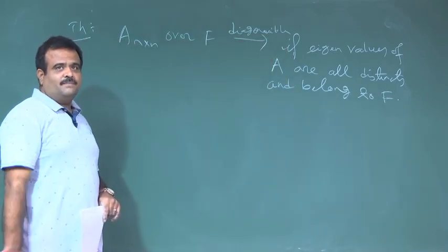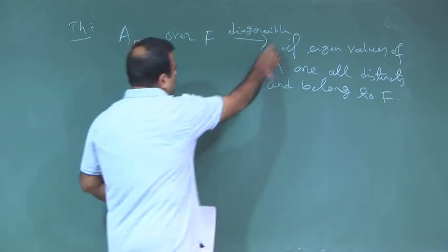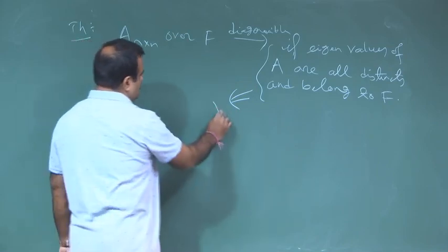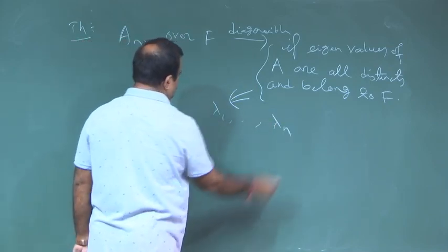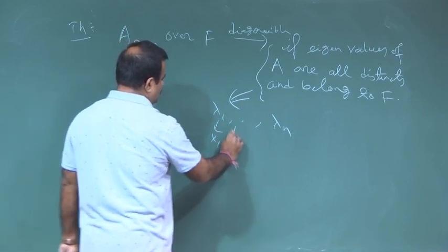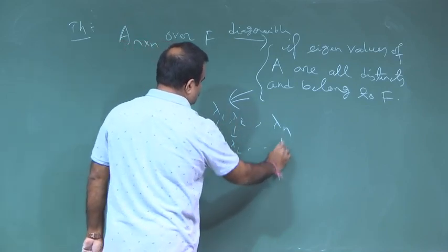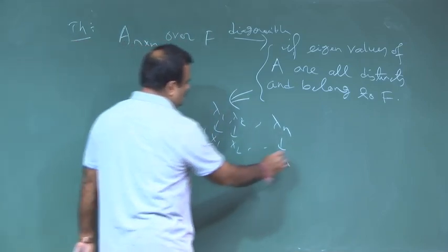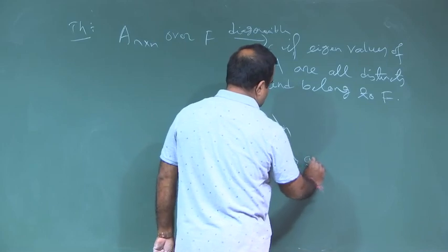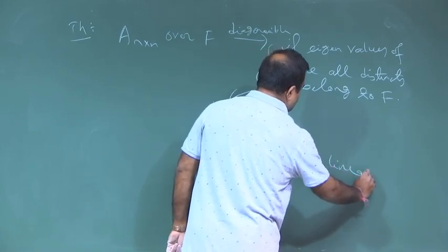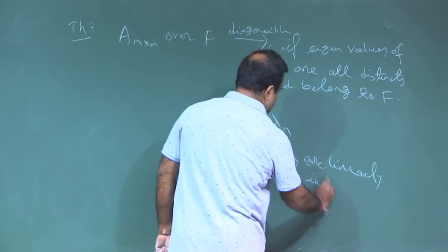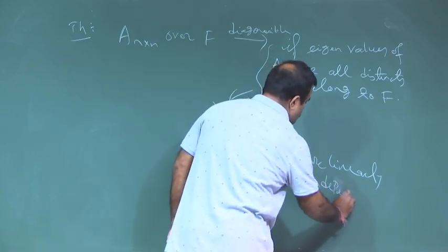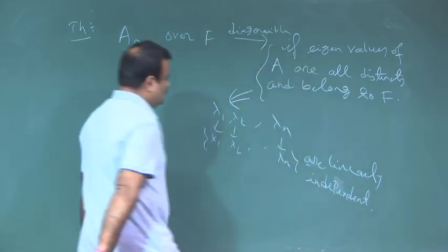This is another sufficient condition, because if we have n eigenvalues lambda 1, lambda 2, and so on that are distinct, then we have seen the result that the corresponding eigenvectors are a linearly independent set of vectors.